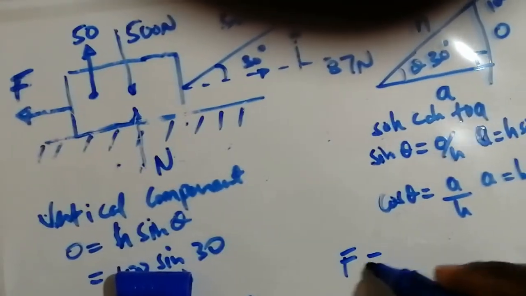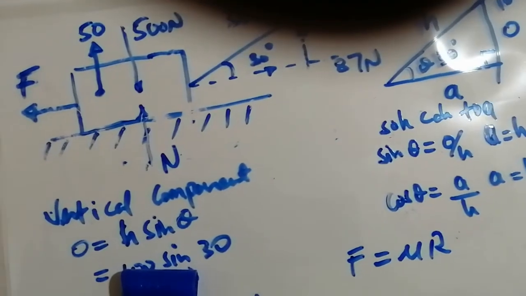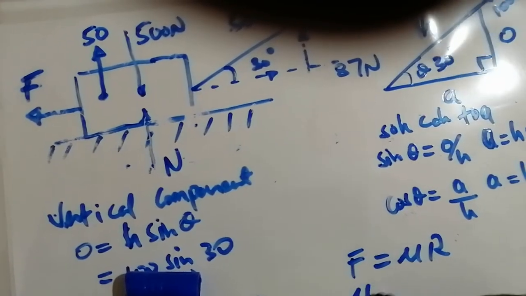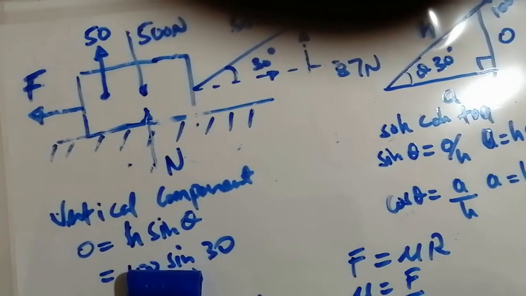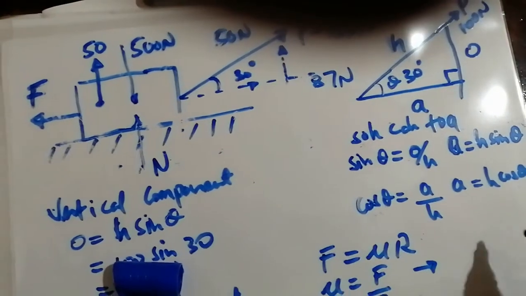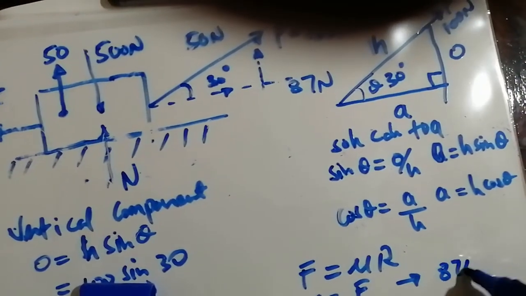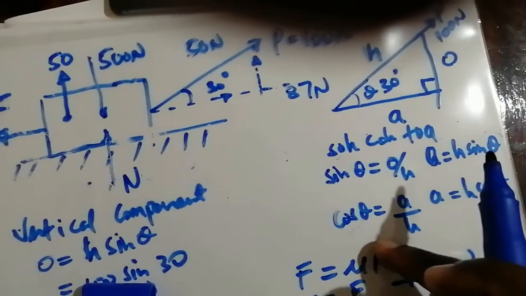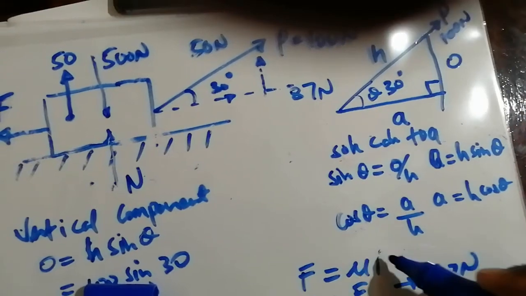So we are looking for the coefficient of friction. So from the formula, we know that F is equal to mu N. Therefore, mu is equal to F over N. Remember, in our case, our F is 87 newtons. So apologize, I'm confusing with something else.